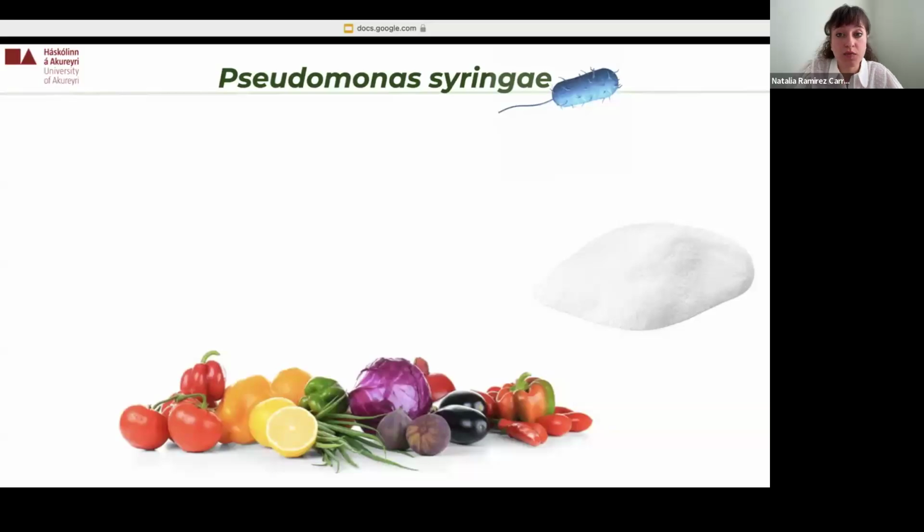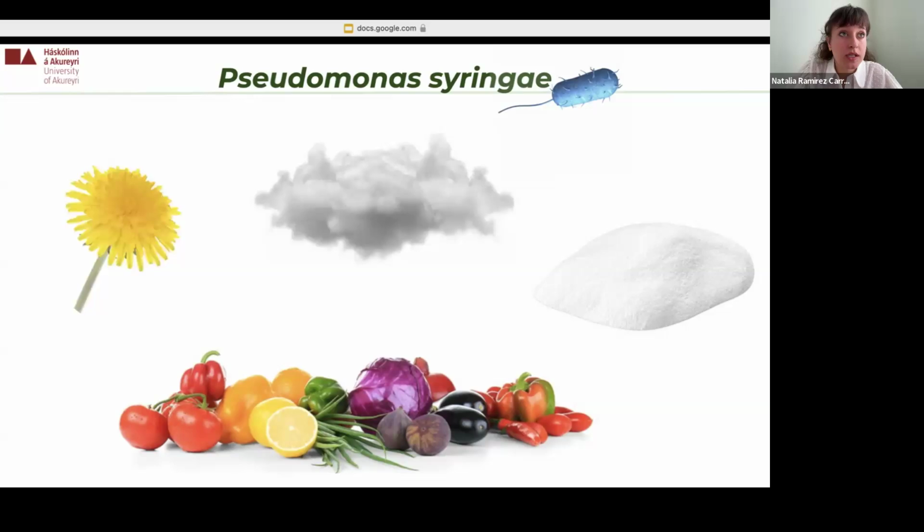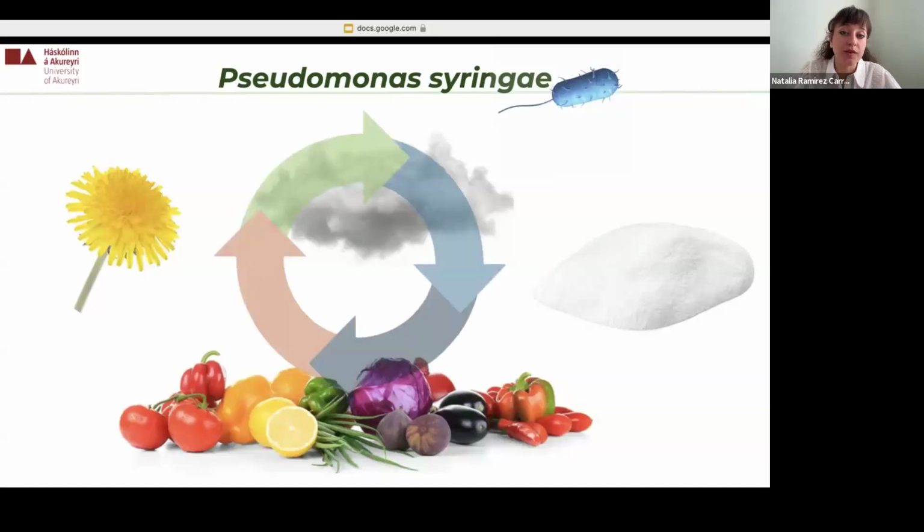This Pseudomonas syringae has been found in ice, on clouds, and also in wild plants where it is not creating any problem. It is not pathogenic for them. It's only for crops and under certain conditions. And we should keep in mind the movement between these different hosts.